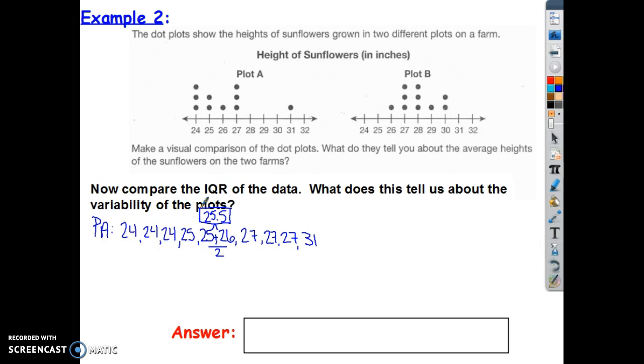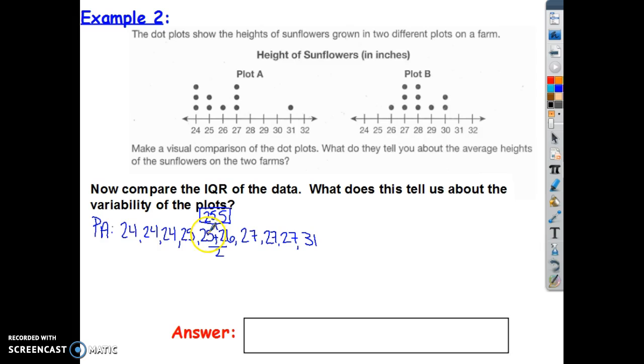I can now use that to find my lower and upper quartiles. To find your lower and upper quartiles, you find the median of the lower half of the data and the median of the upper half. We're going to start with the lower half. So I have 1, 2, 3, 4, 5. Notice I can use this 25 because this wasn't my median.